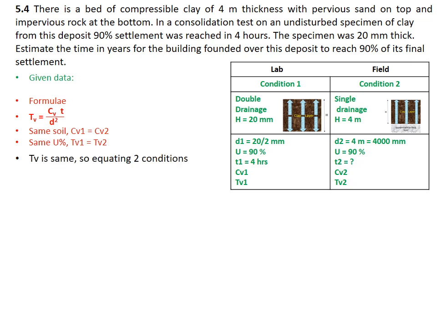So we'll put the formula into this equation. We have CV1 T1 upon D1 square equals CV2 T2 upon D2 square. Now in this equation, you try to replace all the values known to us. As you can see, CV1 and CV2 are both the same, so they will get cancelled out.